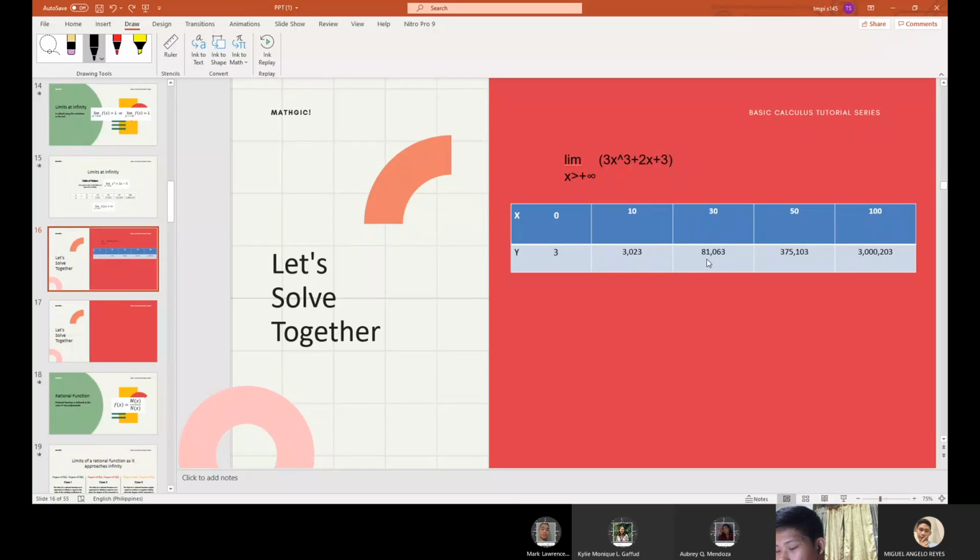When we substitute 30 for x, the answer will be 81,063. When we substitute 50 for x, it's going to be 375,103. When we substitute 100 for x, it's going to be 3,020,203. So the final answer is that the limit of f of x as x approaches positive infinity is equal to infinity.